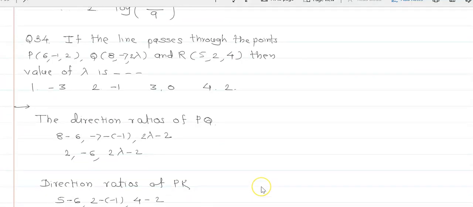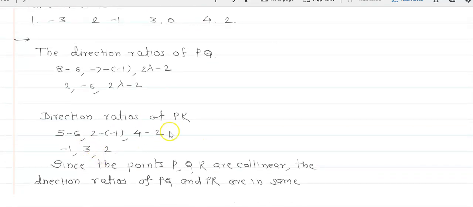You can see this also here. If the line passes through the points P(6, -1, 2), Q(8, -7, 2 lambda) and R(5, 2, 4), then the value of lambda is: -3, -1, 0, 2. The direction ratios of PQ are 2, -6, 2 lambda minus 2. Direction ratios of PR are -1, 3, 2.